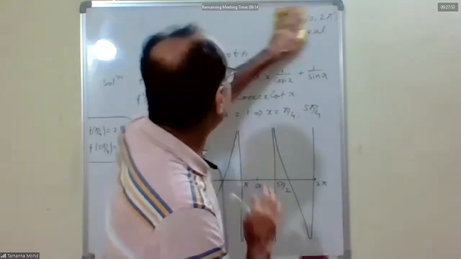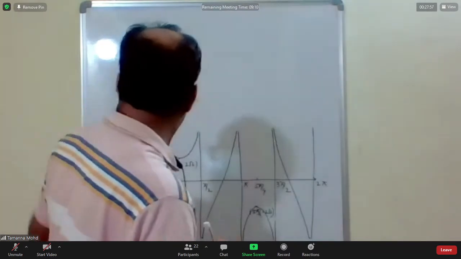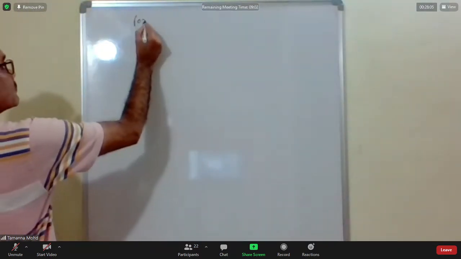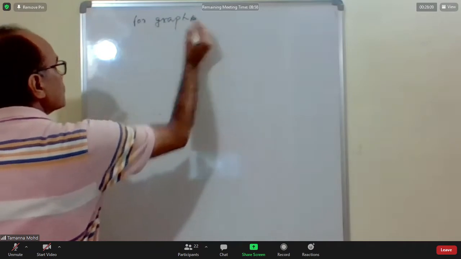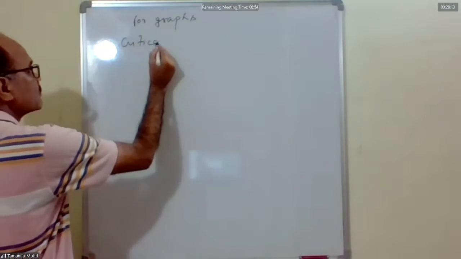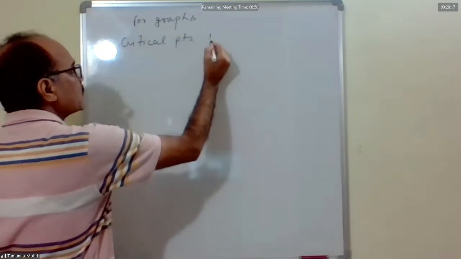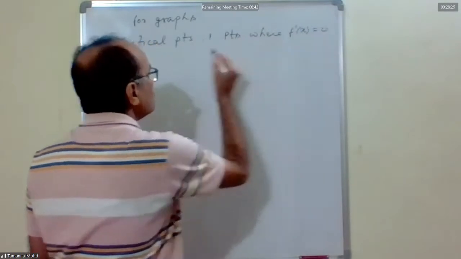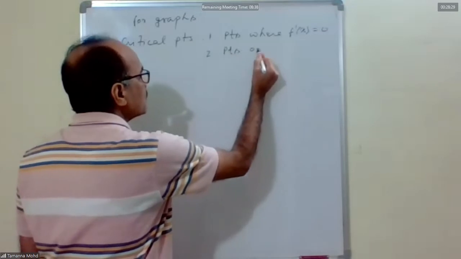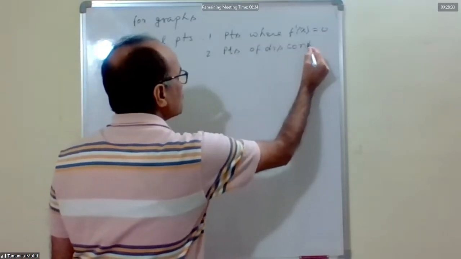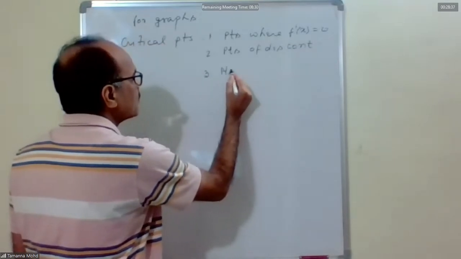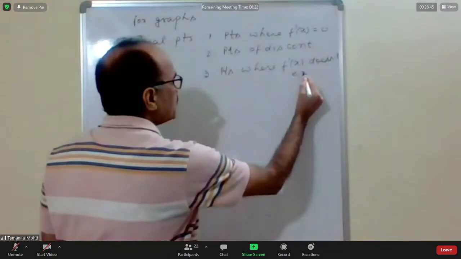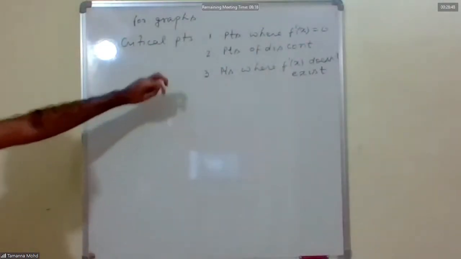In short, I am writing for graphs. The nature of the function may change at these 3 points.